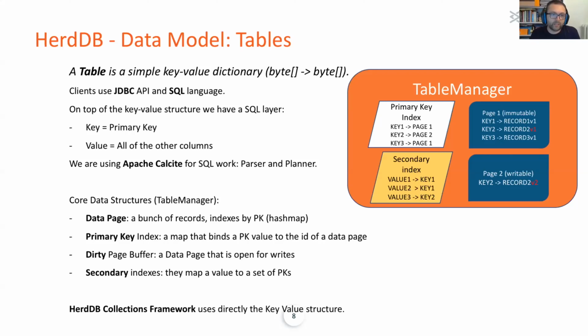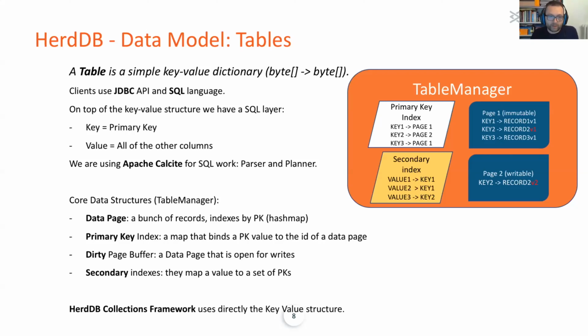A table, the assets of the table, you can see TableManager in the logs and the code base. It's made of data pages. A data page is a bunch of records indexed by a primary key. It's a hash map in memory. We have the primary key index.